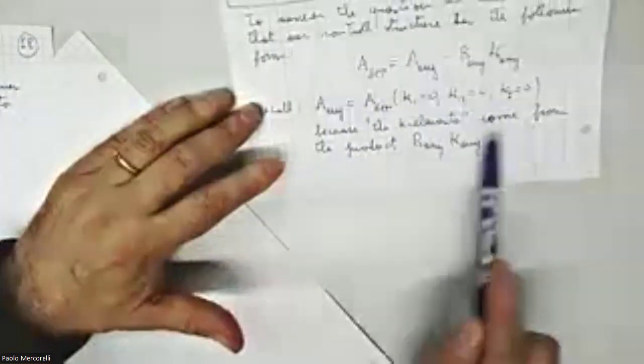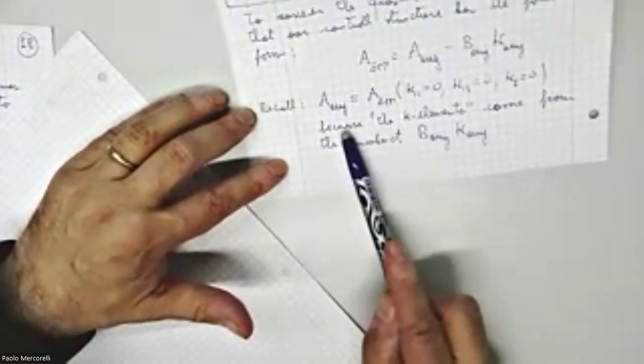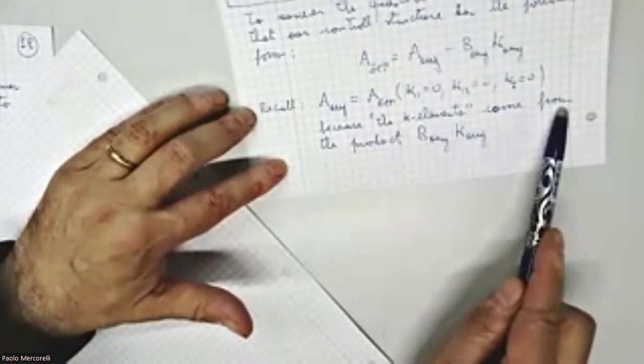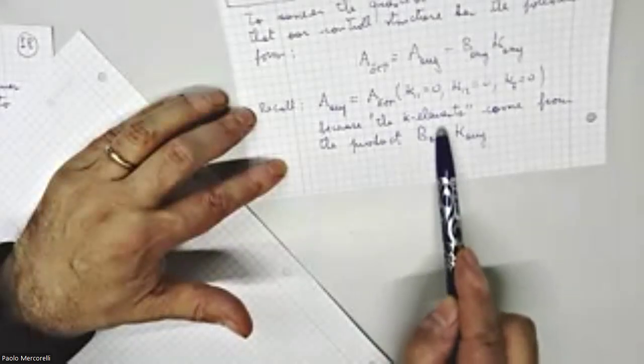Let me show you what I intend. Here is basically the explanation again. The K elements come from the product B augmented, K augmented. Now the question is, what is this?